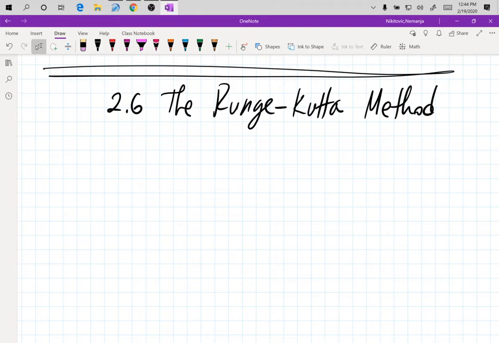This method is about 120 years old, so we just advanced 150 years ahead, right? Two German mathematicians.